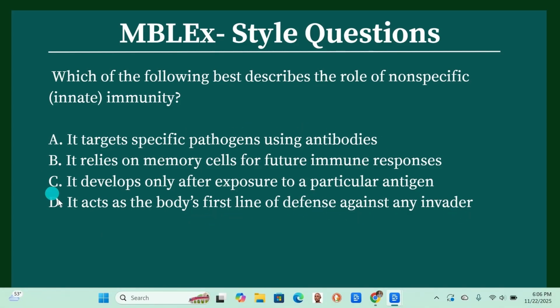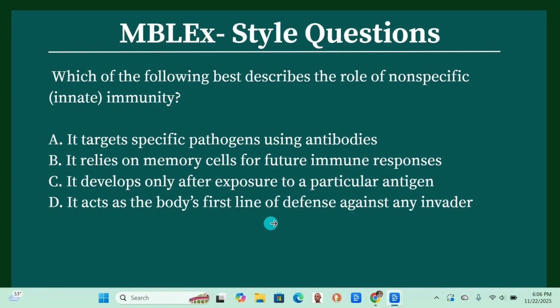You know, all of these sound like things that happen in the immune system. We went over all of this stuff. But the first line of defense is not going to be targeted antibodies going to a specific pathogen, or memory cells remembering things, or only after exposure to a particular antigen.